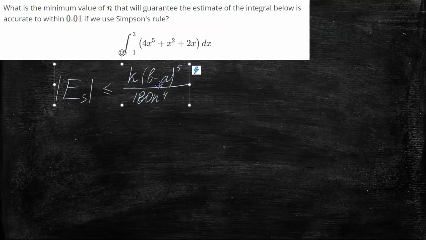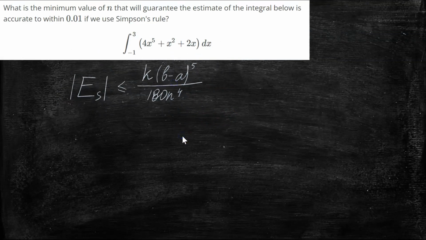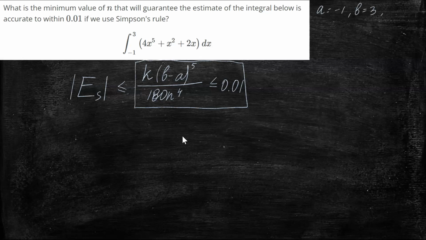In order for us to achieve a certain accuracy, we can guarantee it by making the expression in the middle less than 0.01. If we focus on this inequality now, we know all the ingredients here. a is -1, b is 3, and of course we don't know n. But k, to find k, we're going to find the fourth derivative, and actually the upper bound of the fourth derivative.